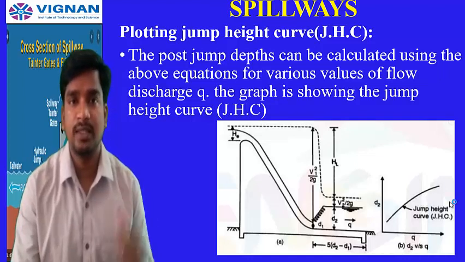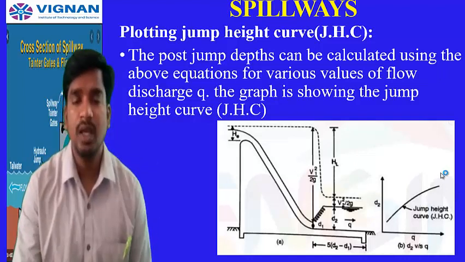Now if you have a look at the picture, how to plot the jump height curve and how to plot the tailwater curve, and how to check the relation between them, that we are discussing now.